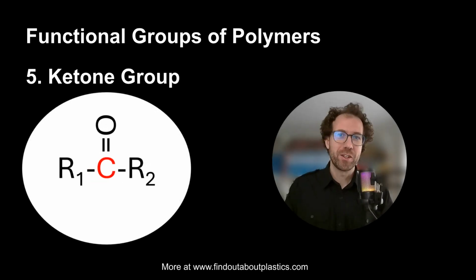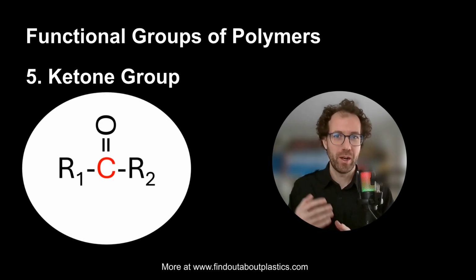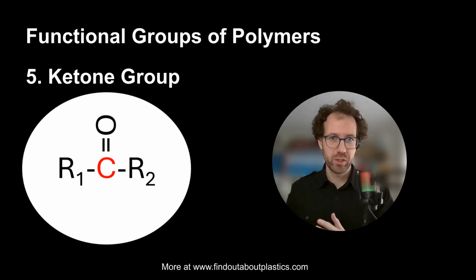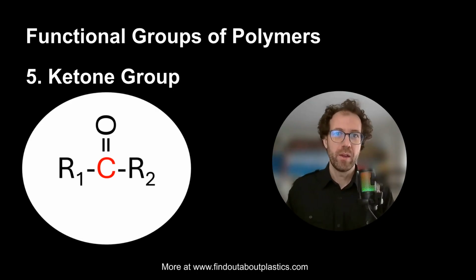A ketone is a functional group with the structure R1C=O R2, as you can see next to me, where R1 and R2 can be a variety of carbon-containing alkyl or aryl substituents. So ketones contain a carbonyl group, a carbon-oxygen double bond, and the carbon is bonded to two other carbons with a single bond. What does that provide us?